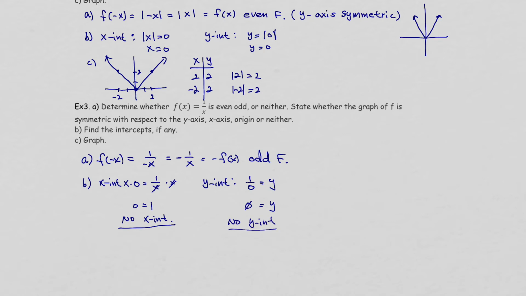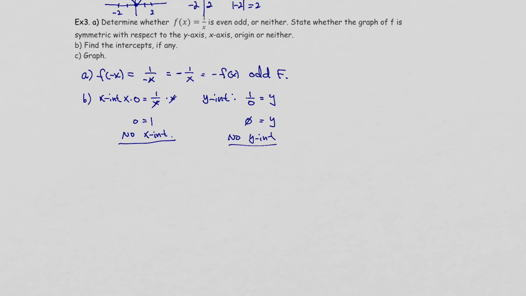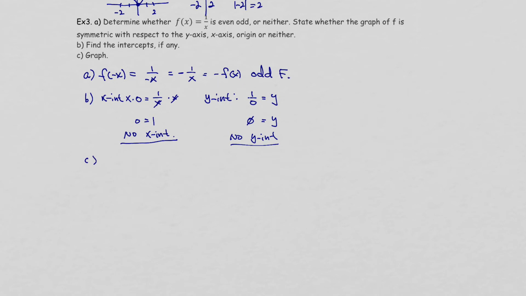No x-intercept, no y-intercept means my graph will never touch the x-axis or y-axis. Let me see if I can graph. And since I have no points, I guess I need to plug in more points than the other ones, right? So let's see what happens if I plug in 1.